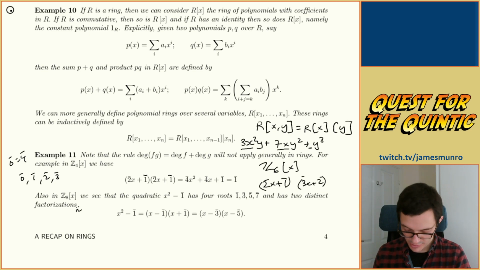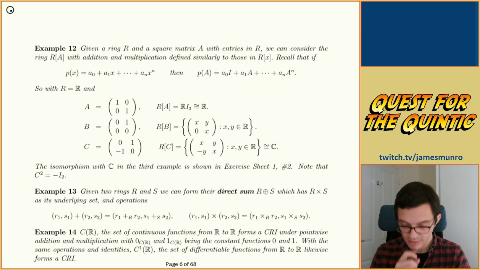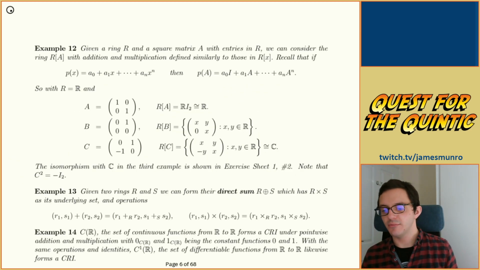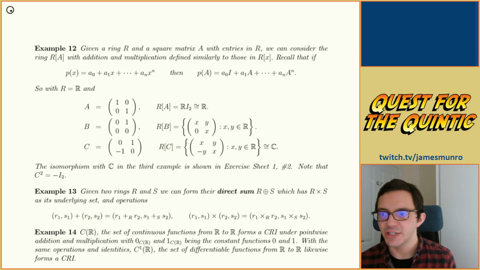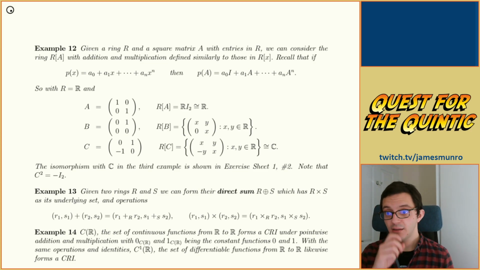Let's go on, and I'm going to accelerate a little bit. What else have we got? Maybe that's my aim, to try and look at all the pages that we need to understand, to map out what we're doing. You can put matrices in your polynomials. Direct sum means you can take pairs like coordinates, which makes me think about vectors, I guess.